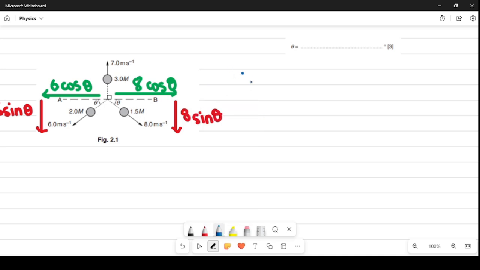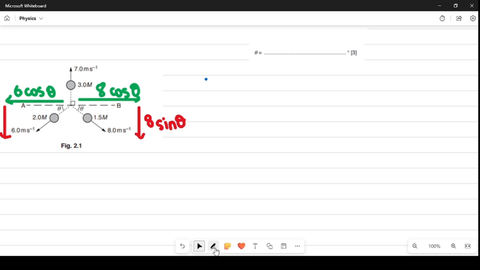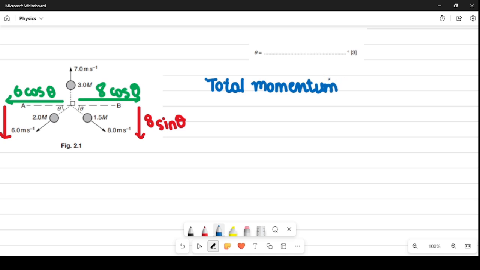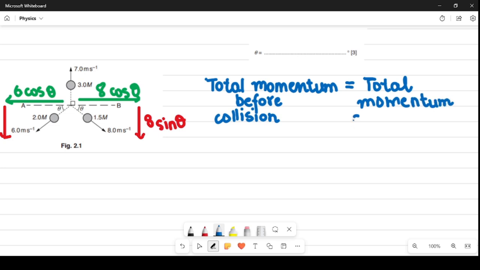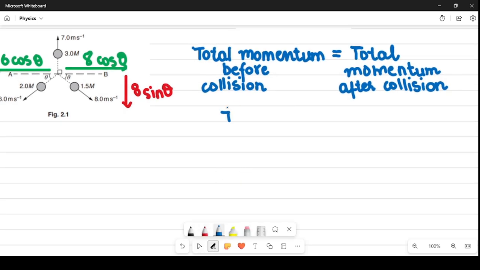Resolving them into their vertical components, what we're going to do is, seven is our speed, and then you have 3.0 m.